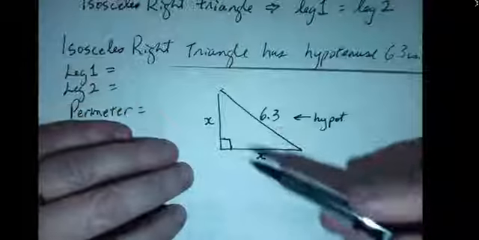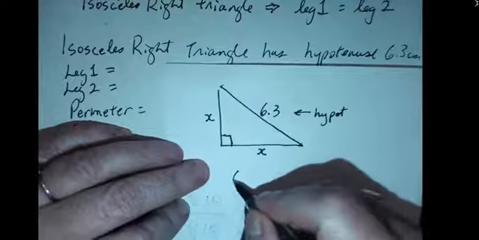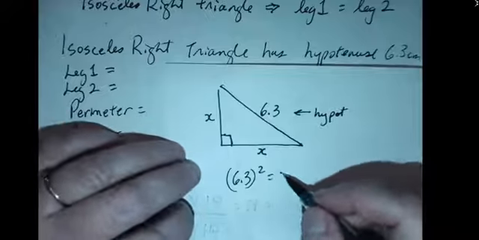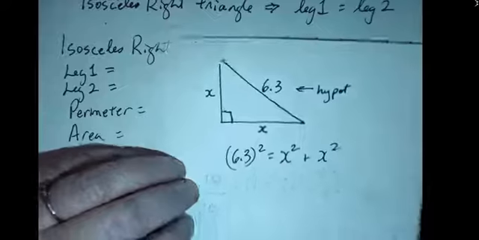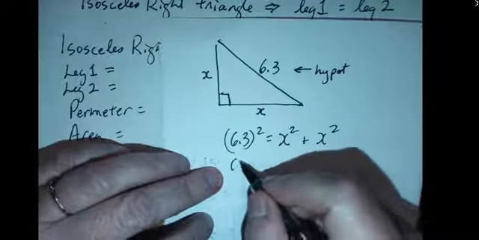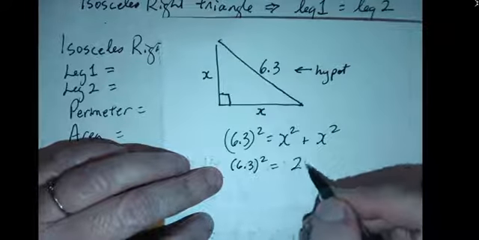Well, this is a right triangle, and so using the Pythagorean theorem, the hypotenuse squared is equal to the first leg squared plus the second leg squared. I actually don't have to write that out just yet. x squared plus x squared is 2x squared.